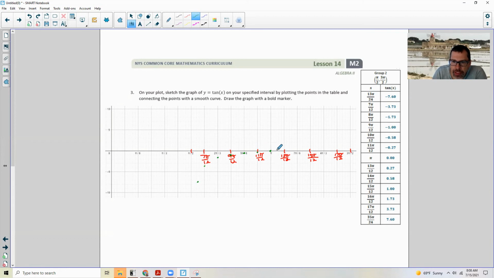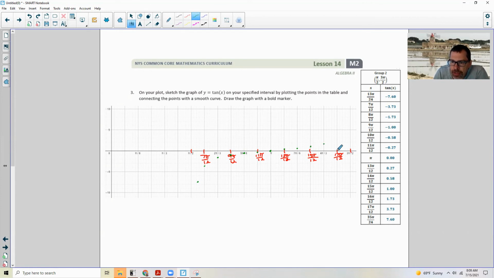And then we're repeating, but positive. So 13 pi over 12 is 1/4 almost. It's 0.27. And then 0.58 is 14 pi over 12, a little bit more than a half. And 15 pi over 12 is at 1. 16 pi over 12 is 4 pi over 3. That's 1.73, which is about here.